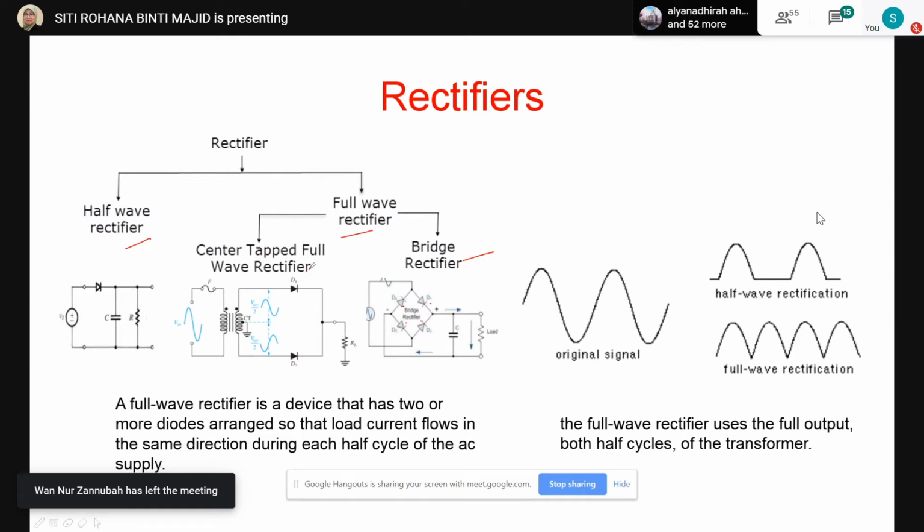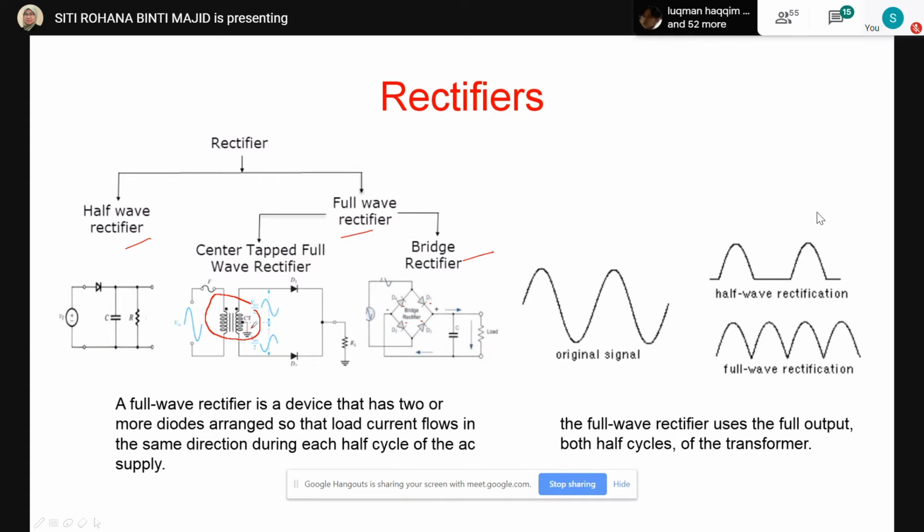The second type of full wave rectifier is the center tap full wave rectifier. Center tap refers to the type of transformer used in this rectifier. When we say center tap, that means the connection of the rectifier starts at the middle of the transformer.